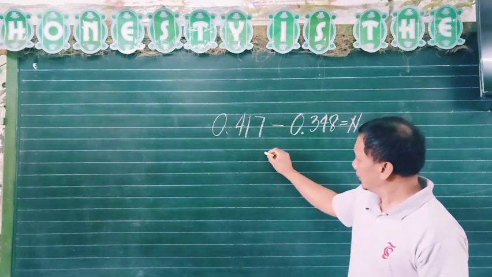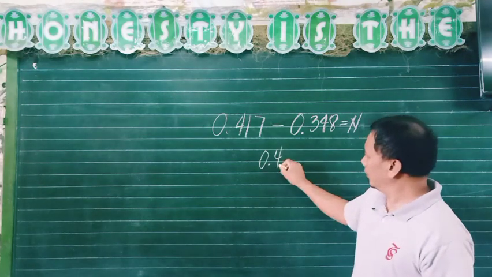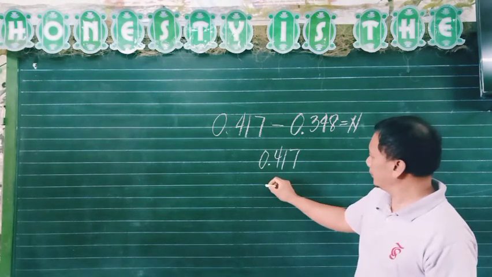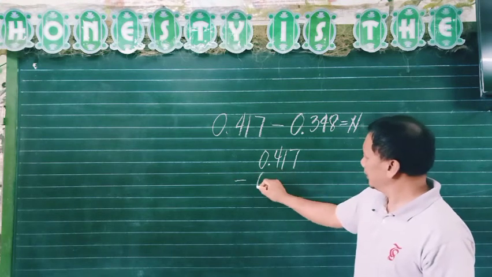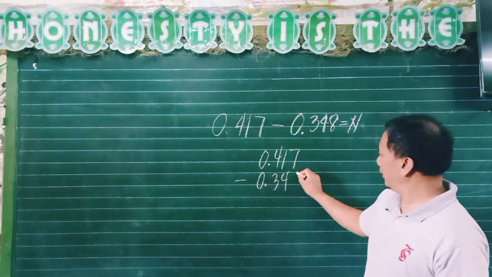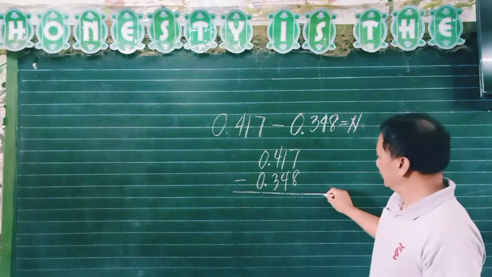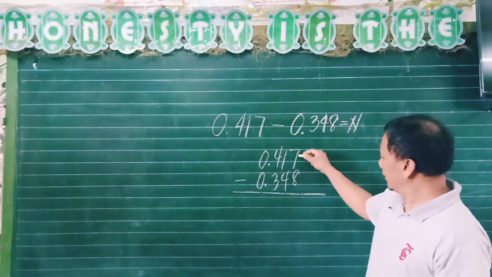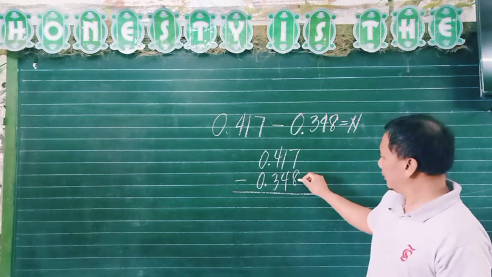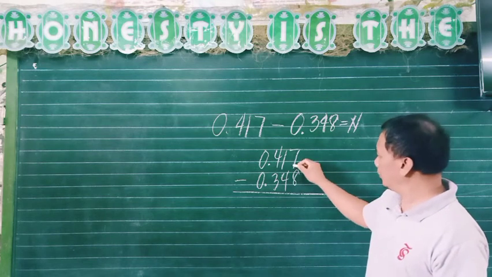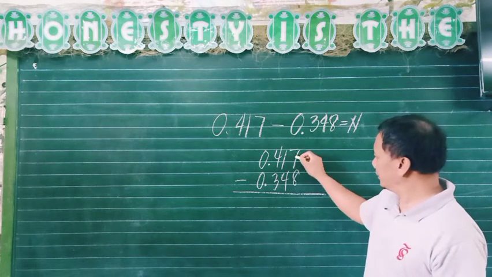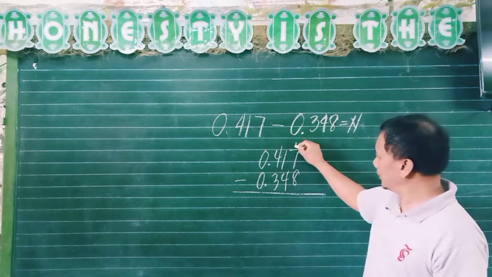First, arrange in column 0.417 minus 0.348. So, 7 minus 8, it cannot be. So you have to borrow 1 from the tens place. So this will become 17.